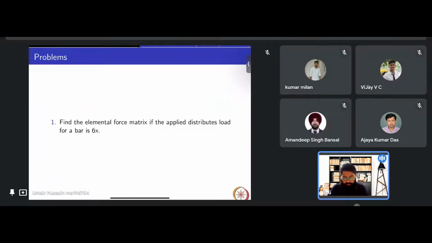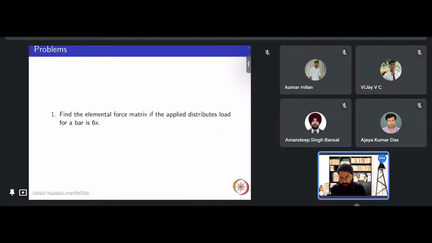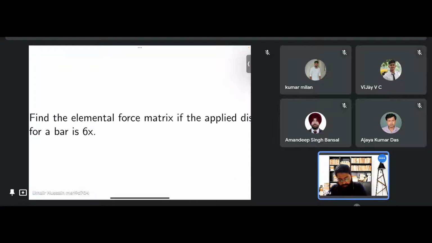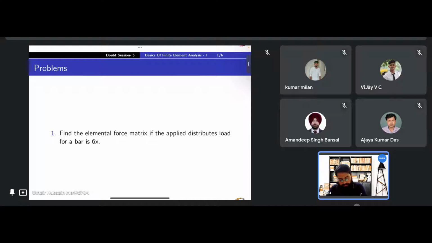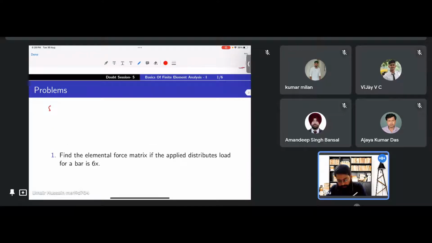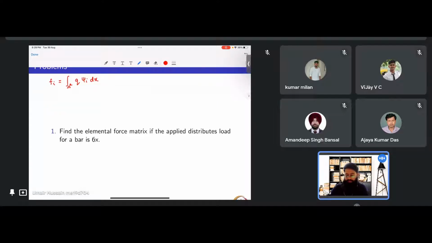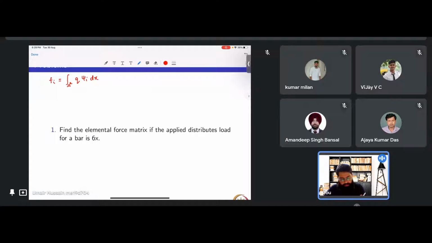Okay. So find the elemental force matrix if the applied distributed load for the bar is 6x. So if we write f_i, this is our linear term for the force matrix, right?